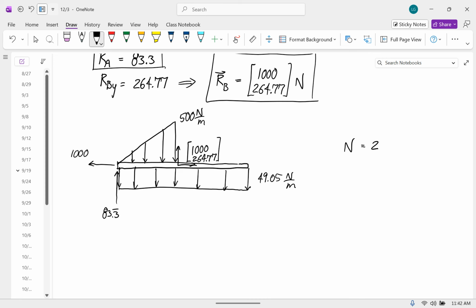There's a change in the distributed load function and a point force, right? But those both happen at the same spot at the middle. And so this is just going to be one more point. So we have 3 of those. So we have 3 minus 1, 2 cuts.